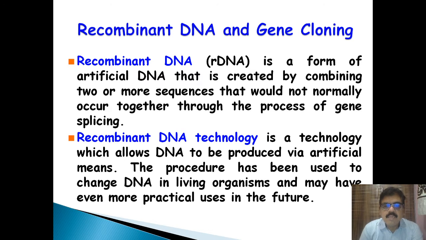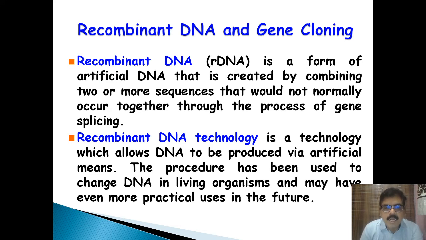Recombinant DNA has two types, one is positive eugenics and another is negative eugenics. What is positive eugenics? Whatever the organism is, by adding new genes to it, you can make it superior, and that is called positive eugenics.